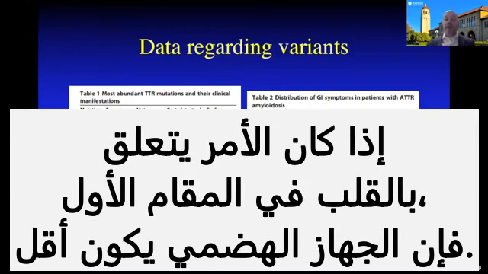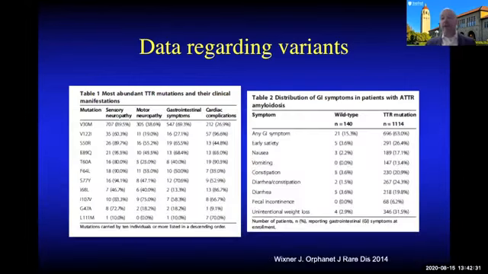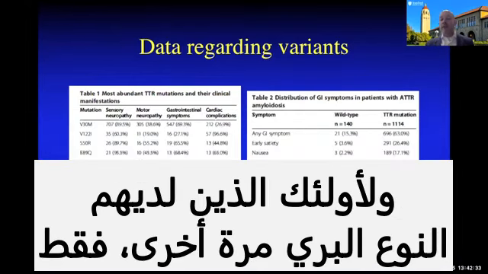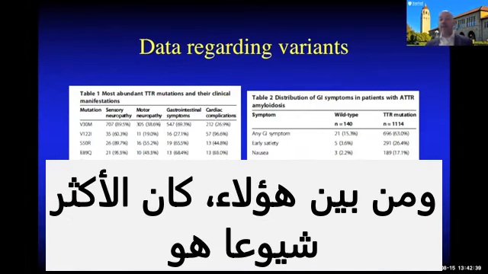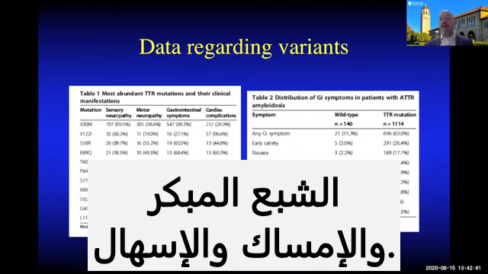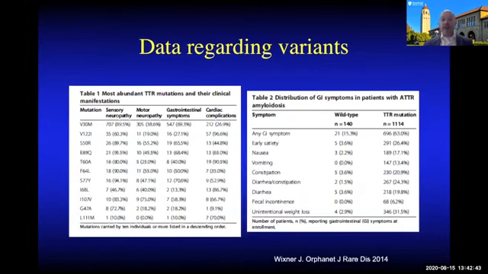If it's primarily cardiac, the gastrointestinal involvement is lower. And for those who have wild type, again, only about 15% had gastrointestinal symptoms. And of those, the most common tended to be early satiety and then constipation and diarrhea.